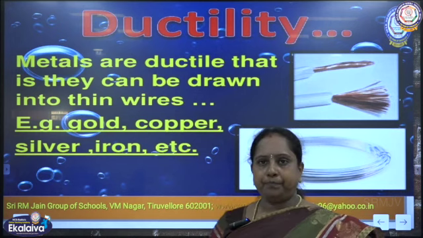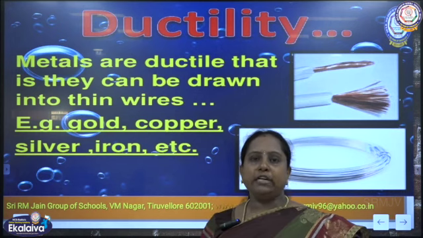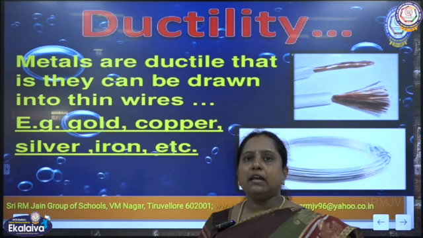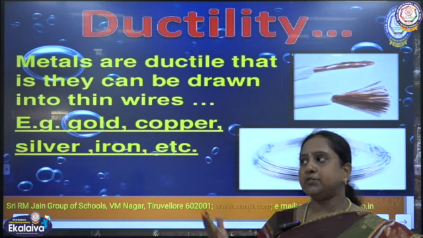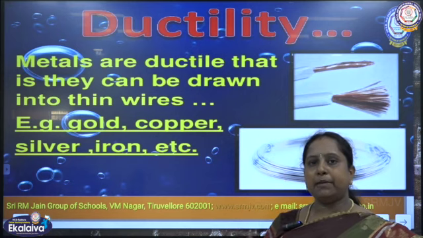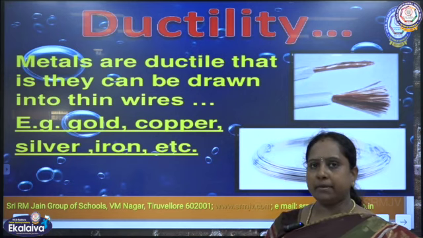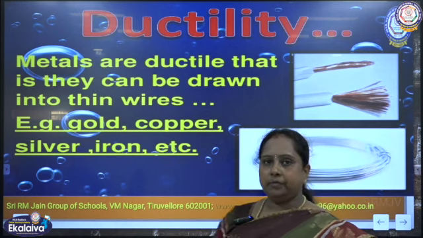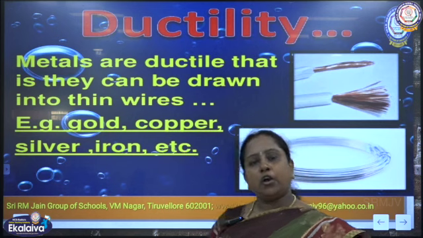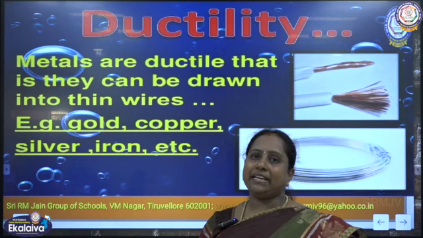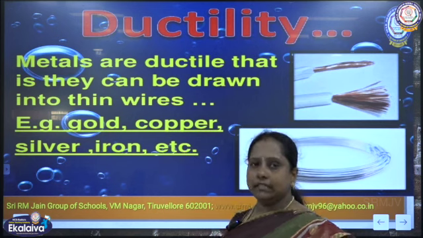Then copper can be drawn into thin wires so that copper wire can be used for conducting electricity, the cable wires we are using at home for domestic purposes. And silver wire, as it is expensive, we are using copper, which is cheap and a better conductor of electricity than silver.